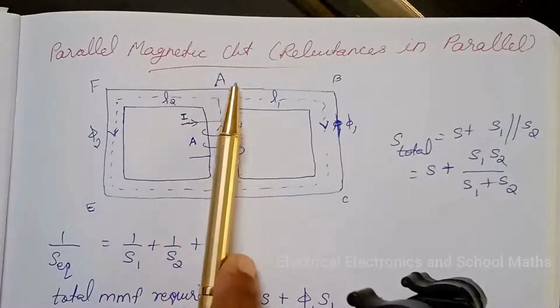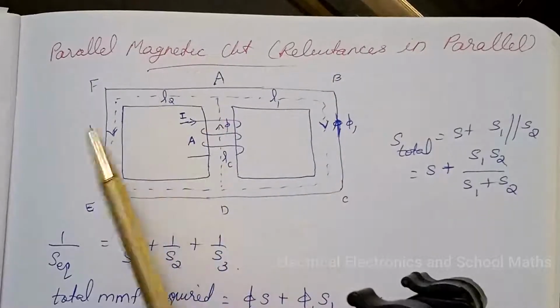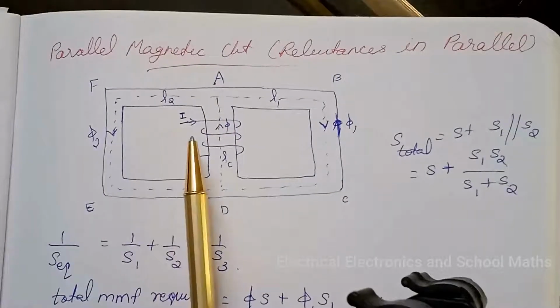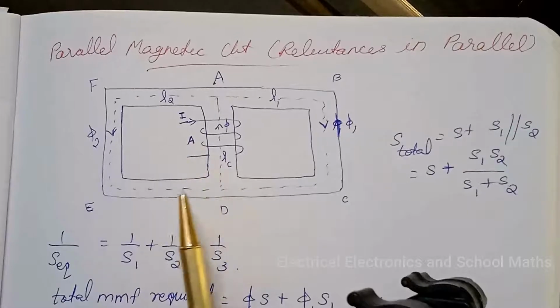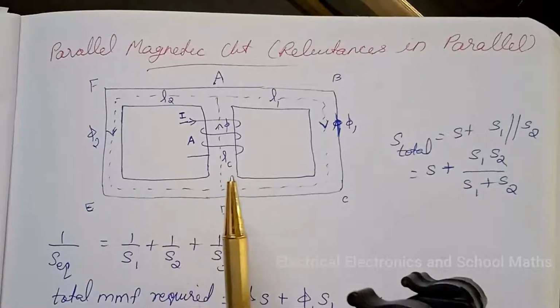Next is the parallel magnetic circuit, or we can say reluctances in parallel. A magnetic circuit which has two or more paths for the magnetic flux is called a parallel magnetic circuit.